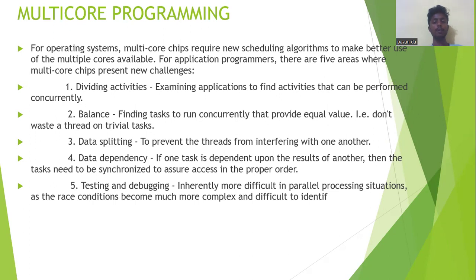Data splitting, to prevent the threads from interfering with one another. Data dependency, if one task is dependent upon the results of another, then tasks need to be synchronized to assure access in proper order. Testing and debugging, inherently more difficult in parallel processing situations, as the paths become much more complex and difficult to identify.